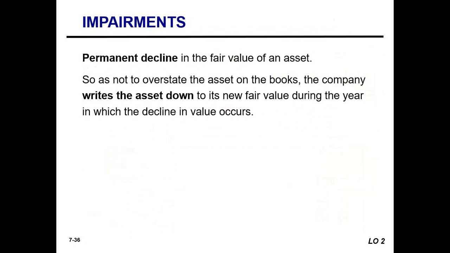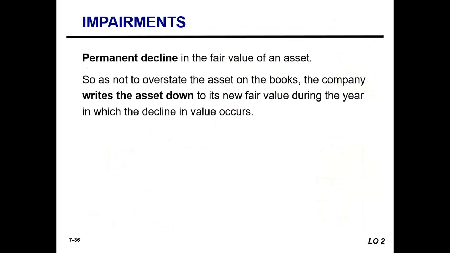What's an impairment? No, it's not when the cops stop you and you're not walking straight. That's a different impairment. Impairments mean that the fair market value of the item has had a permanent decline. What did we say our financial statements needed to be? Oh, that's right, accurate. Accurate, timely, and usable. Well, if we have something on our books for an amount of money that we know is no longer correct, our financial statements are not accurate.